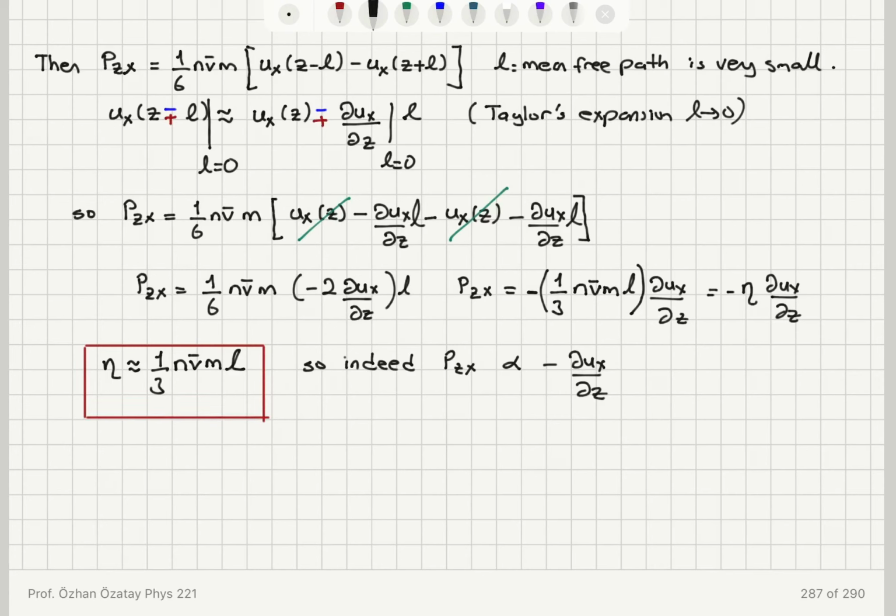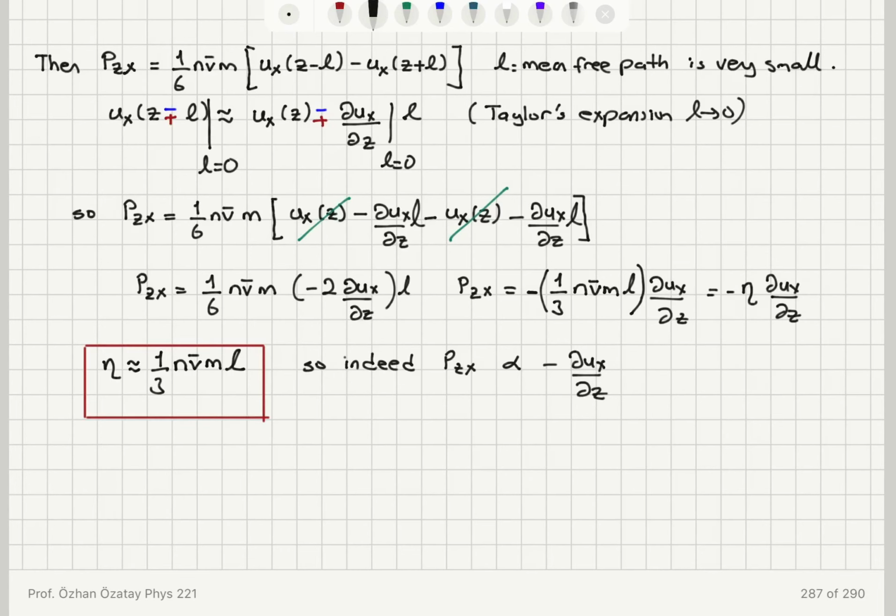There are 1 over 6 n v bar molecules per area per time crossing the plane. They each have a momentum m ux of z minus L if it's coming from below the plane, and ux of z plus L if it's coming from molecules above the plane and crossing the plane in the downward direction.